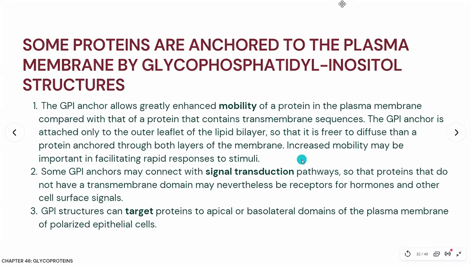Increased mobility is important in facilitating rapid response to stimuli. The GPI anchors may connect with signal transduction pathways. Signal transduction could be brought about by hormones or by other signal molecules like cyclic AMP.